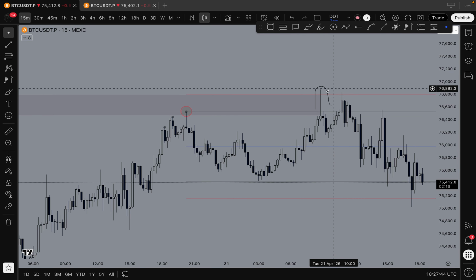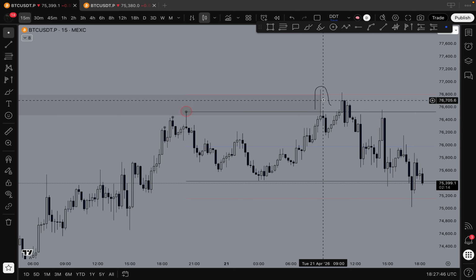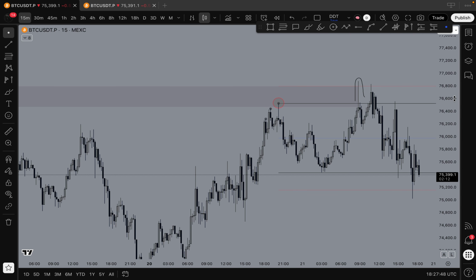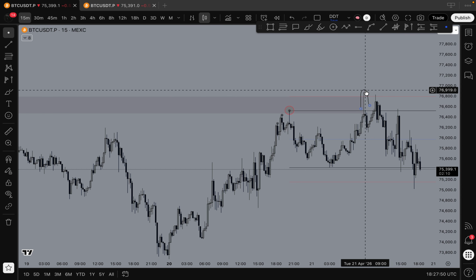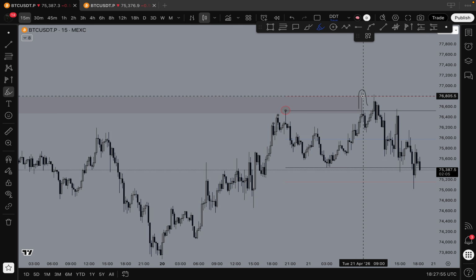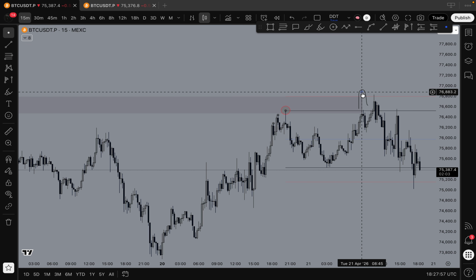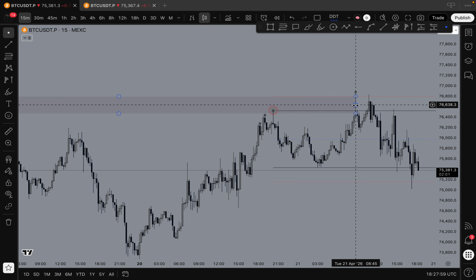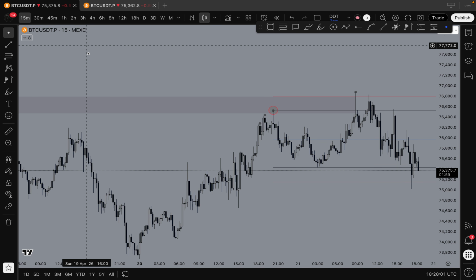Which means that someone is absorbing all those market orders and pushing price down. Well, who wants to absorb the market? That's always the market maker. So for me it's a good indication of the market maker stepping in here.